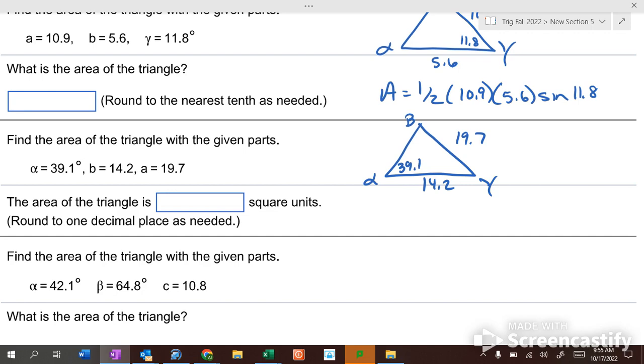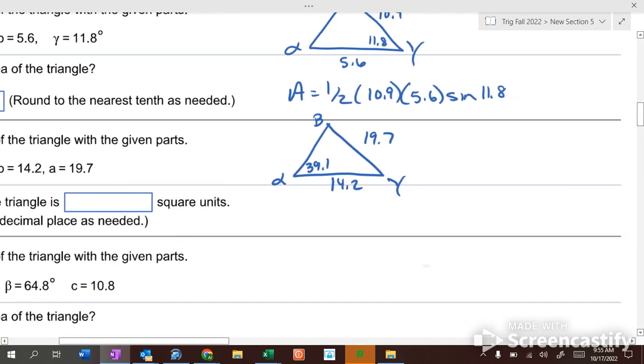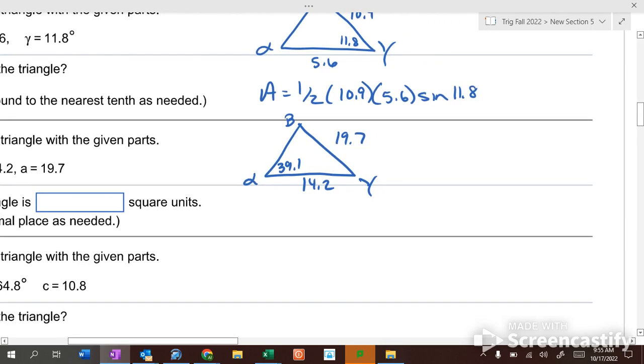Okay, and if you have BC, it'd be the sine of alpha. So we got to do something here. What should we do? Well, we should do the law of sines. So the sine of 39.1 over 19.7 equals the sine of beta over 14.2.